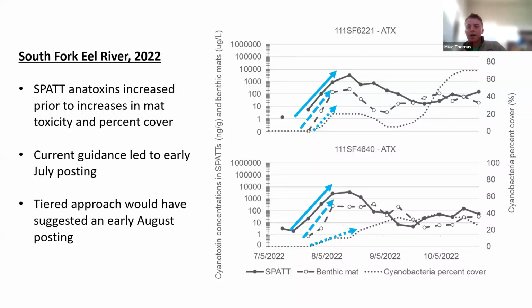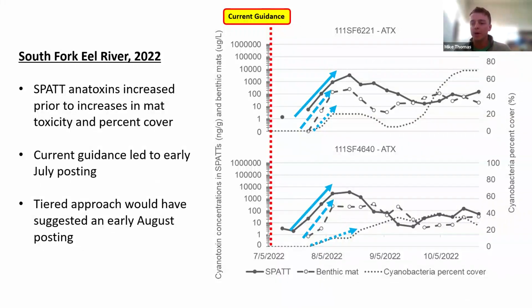Because we are operating under the current guidance in 2022, a toxic algae alert was recommended in early July once small amounts of cyanobacteria were observed in the river. Under the tiered approach, a posting recommendation would have been recommended in early August once that 100 nanogram per gram threshold in spats was reached, indicating that mat toxicity and percent cover were increasing.